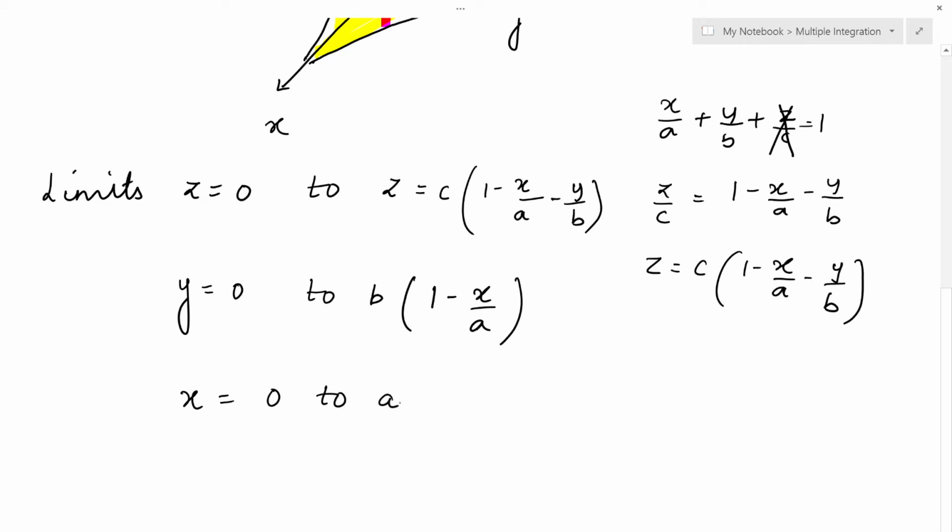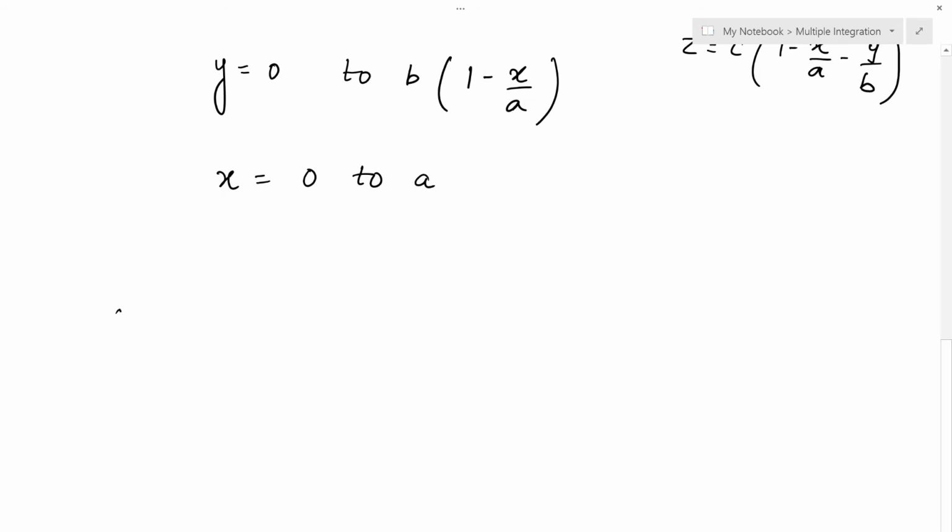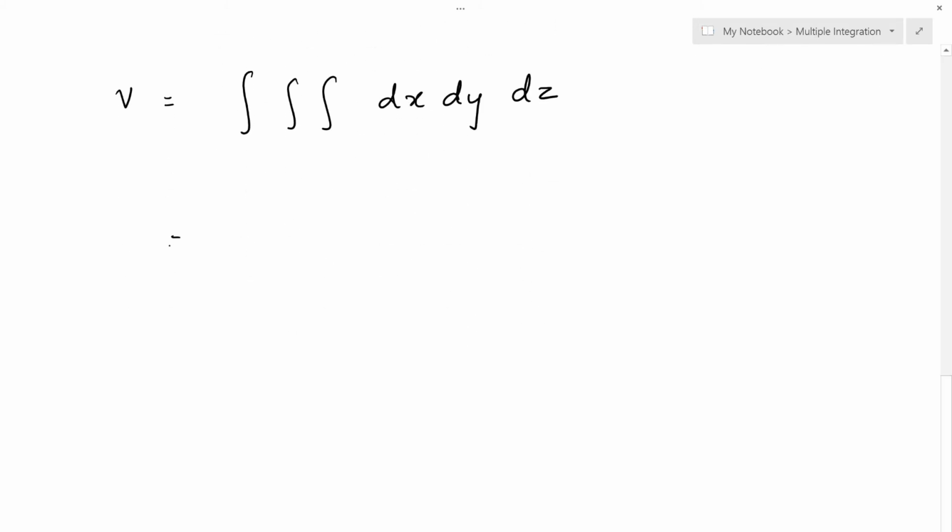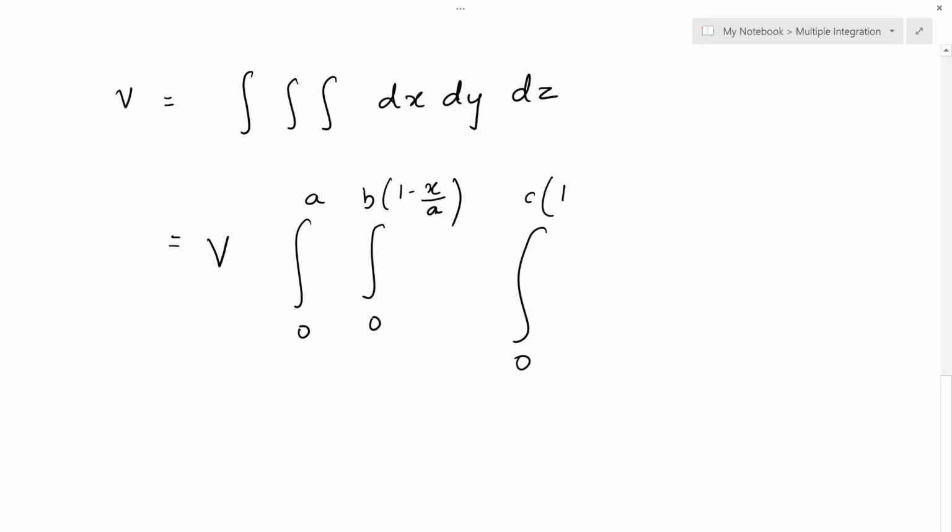Right? So now my volume, you know, it is in the Cartesian form. The formula for volume is triple integration of dx dy dz. So the volume is x from 0 to a, y from 0 to b into 1 minus x/a, and the innermost limits z from 0 to c into 1 minus x/a minus y/b.